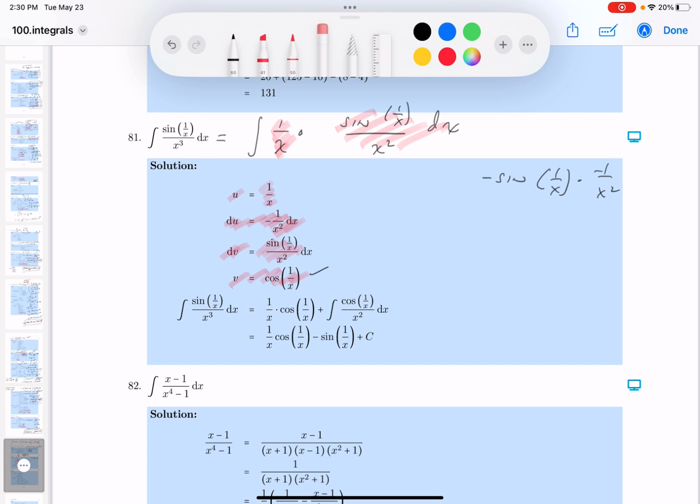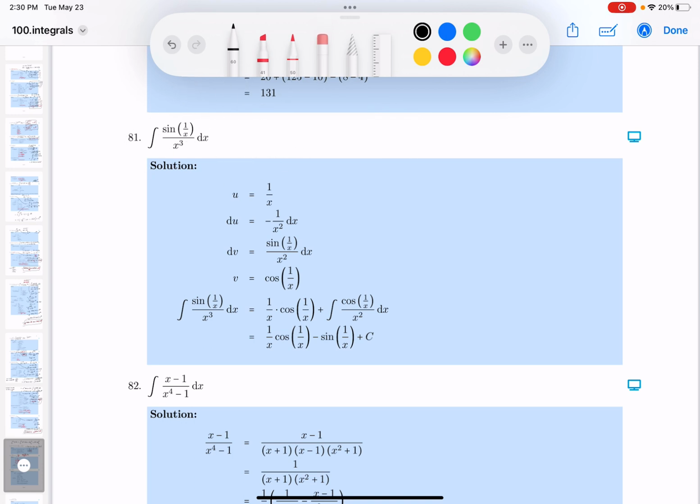Let me start to erase things now, indicating that I understand where this is all coming from. I'm going to go back and write down again for you. So I'm seeing 1 over x times sine of 1 over x squared dx.